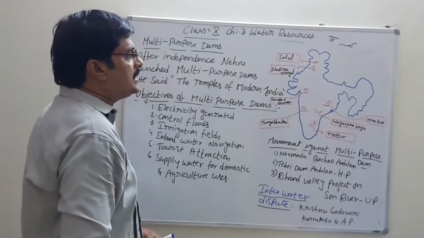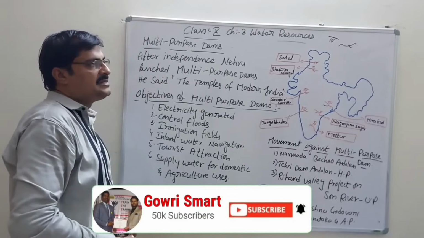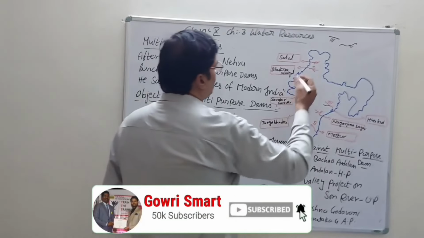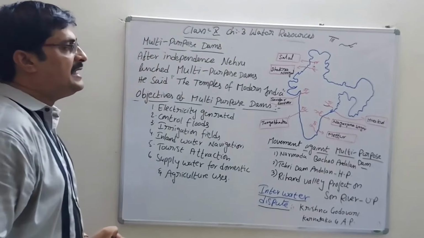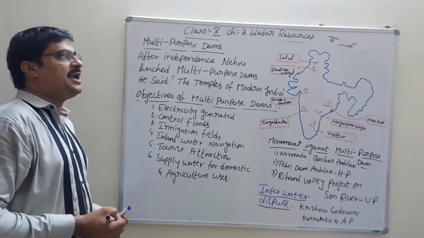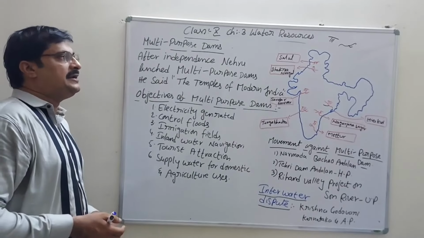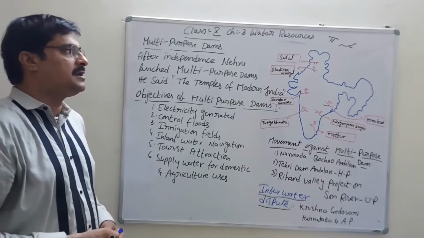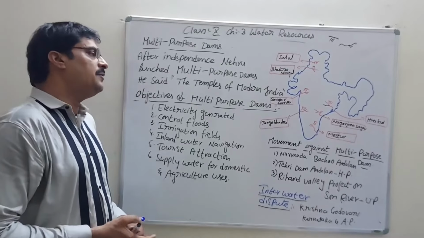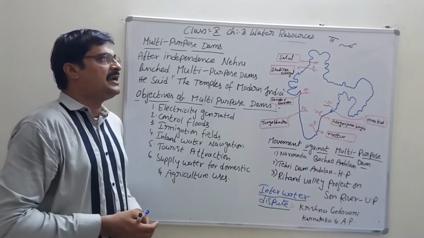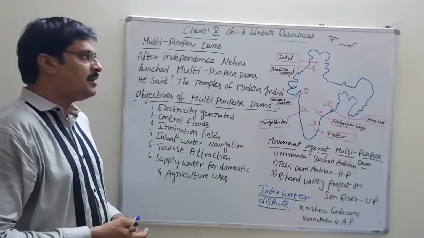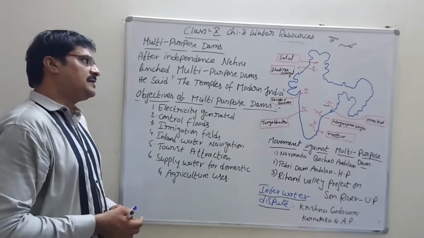Now come to the Salal Dam. It is on one of the tributaries of the Indus. You know that the Indus has the Ravi, Beas, Satluj, Chenab, and Jhelum. Five tributaries are there on the river Indus.